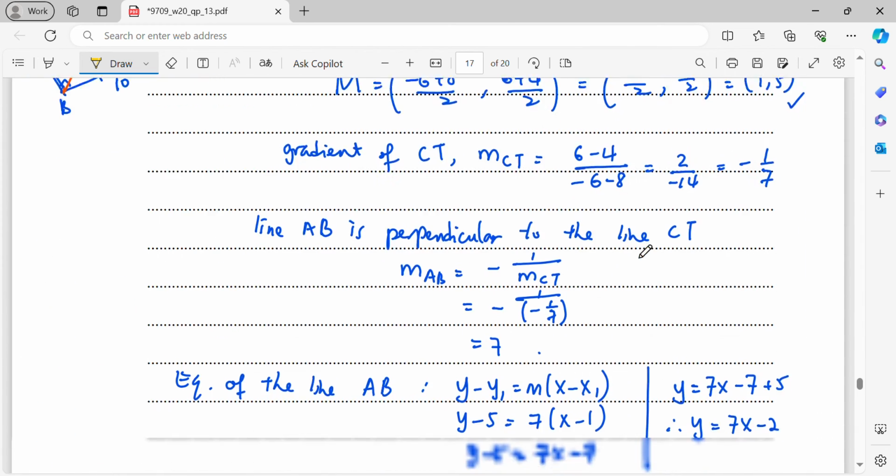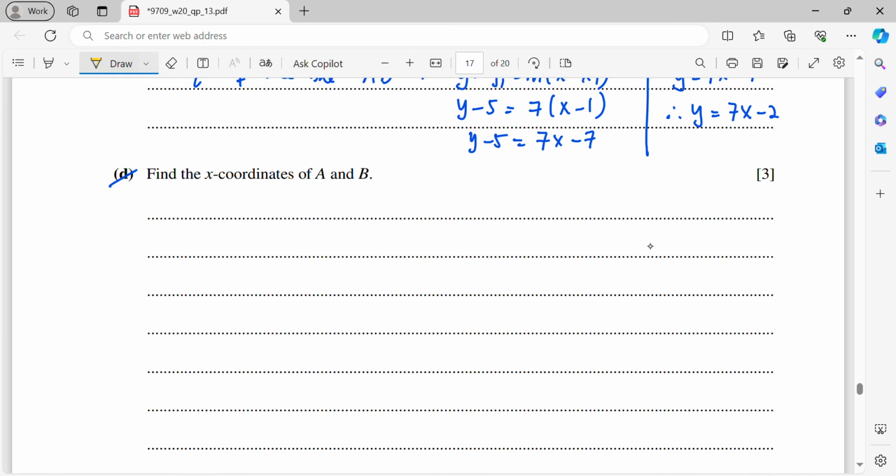A and B are the intersection points between the curve, the circle, and y equals 7x minus 2.